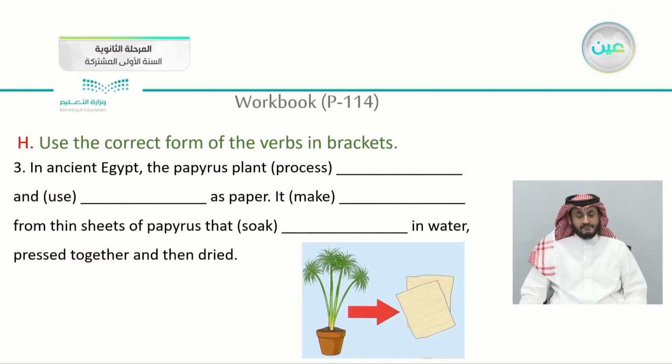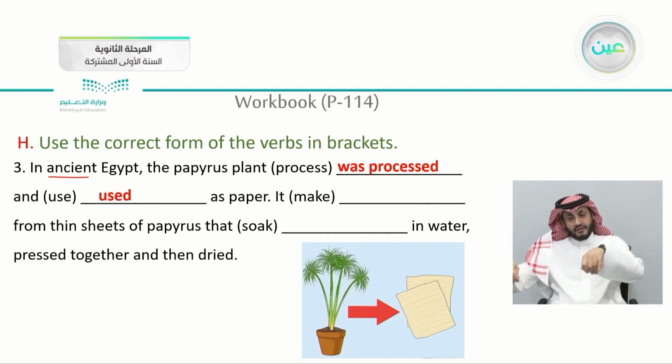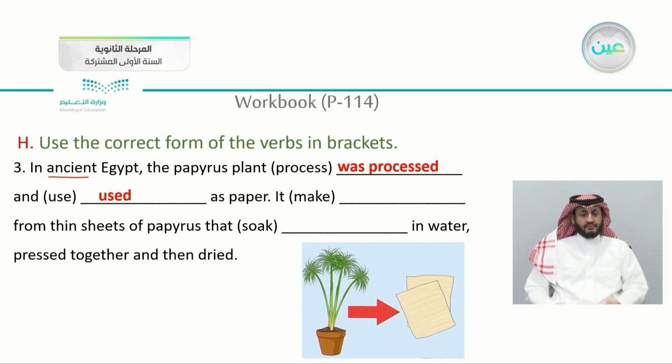Number 3. In ancient Egypt, ancient, past, speaking about the idea of making paper. In ancient times, the papyrus plant was processed and used as paper. So the plant was processed, it will go through a process, then was used as paper.